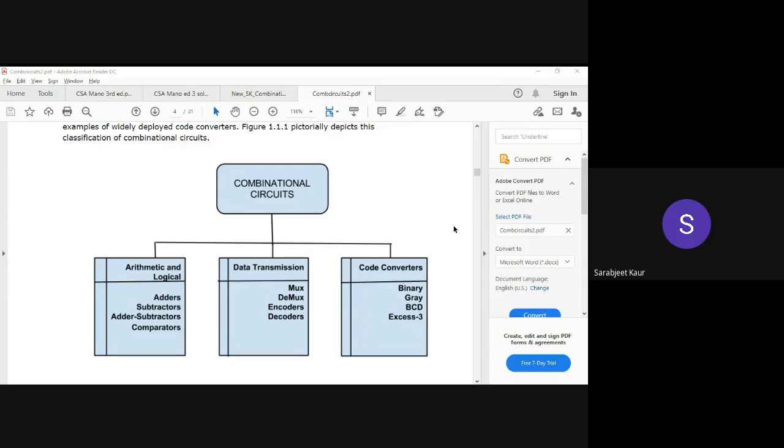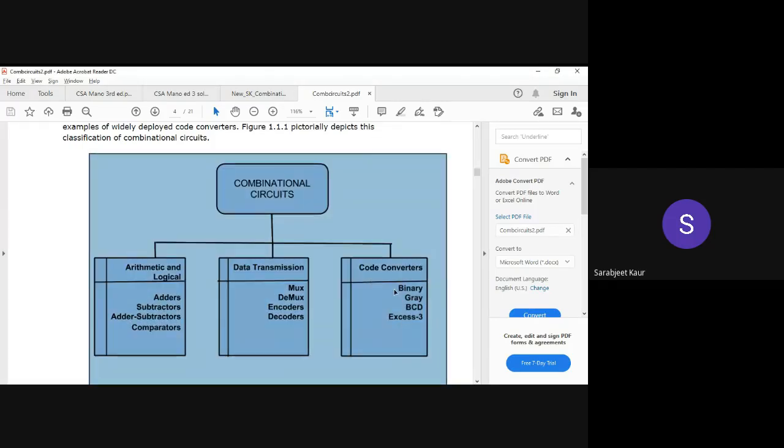So these code converter circuits are required to do these conversions. But we are not required to see these code converters in detail.